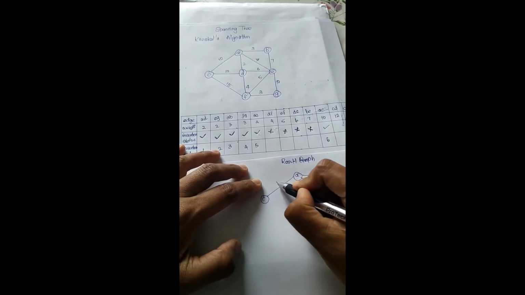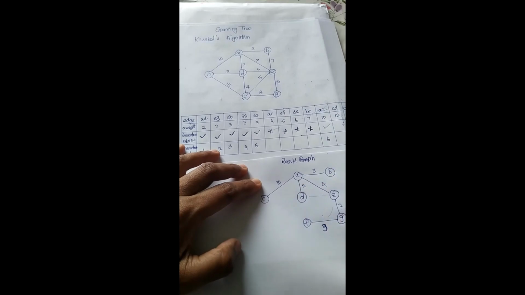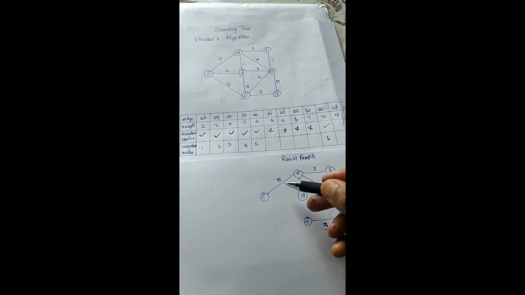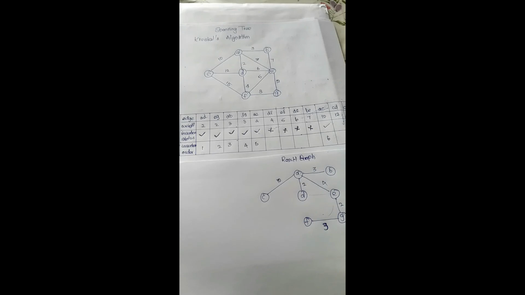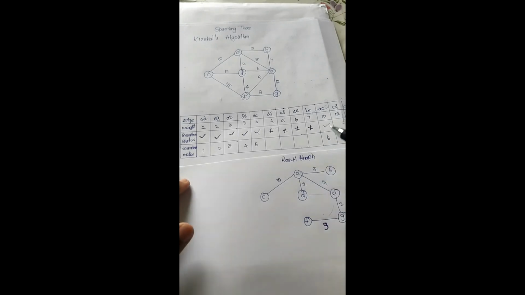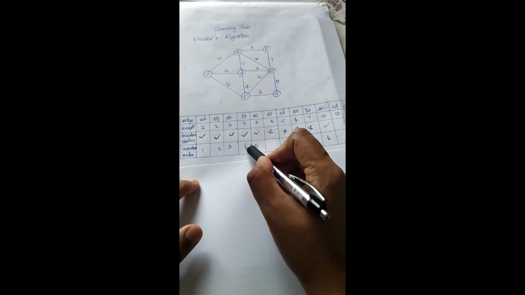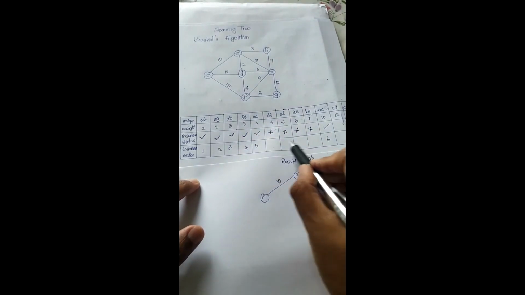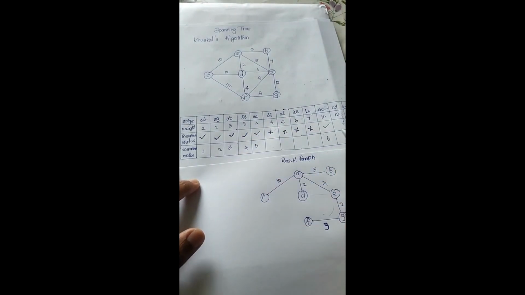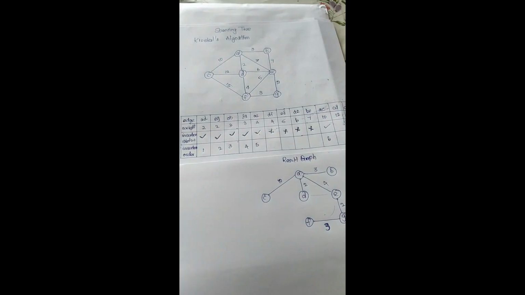AC is selected because it doesn't create any cycle. After AC, we don't have to continue with CD and CF because all my vertices are connected. So we can stop here. After we stop, we fill in the order 1, 2, 3, 4, 5, and 6. Leave the rest of the columns empty. That's fine. Thank you.